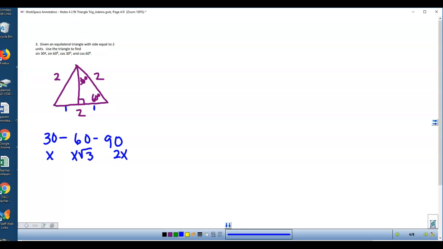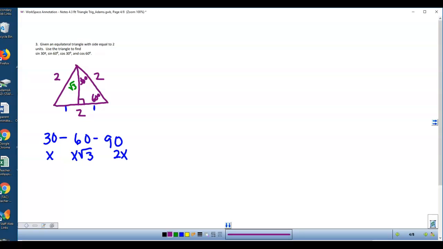And the length of those sides get progressively bigger. So if I'm looking at this being 2 and this being 1, then I know that the length of this side has to be, if this is the smallest side, x, then this has to be x root 3 or just square root of 3. Because if x is 1, 1 times square root of 3 would be 1 square root of 3. So now we have all of our angles figured out, and we can go from there.